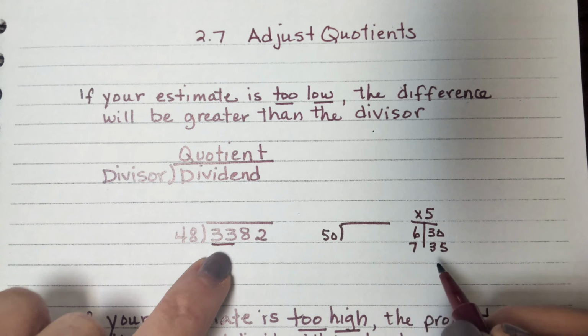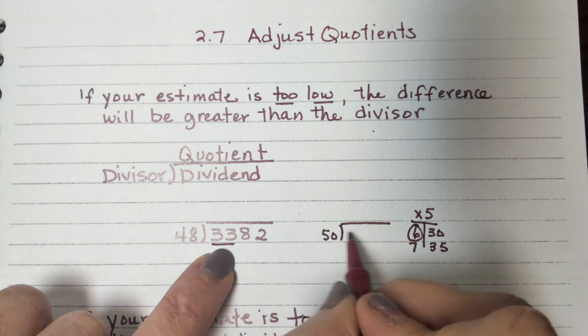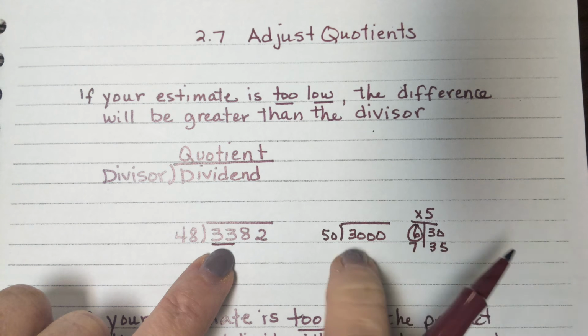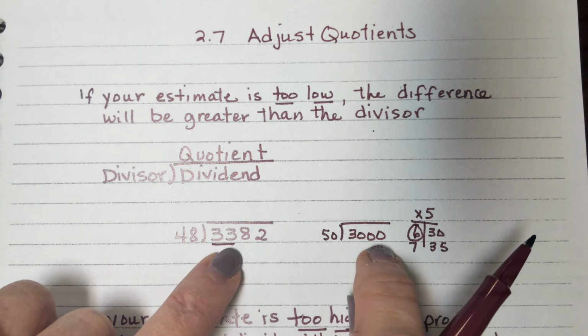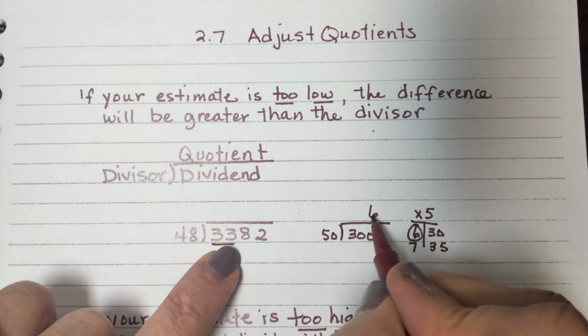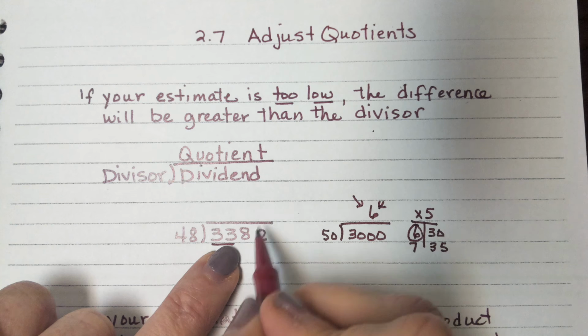So I'm going to choose 6 today. So that's going to be a 3,000. Remember, I have to have the same number of digits that I start with over here. And so it tells me my first digit I'm going to place is going to be a 6. So that's what I'm going to choose.